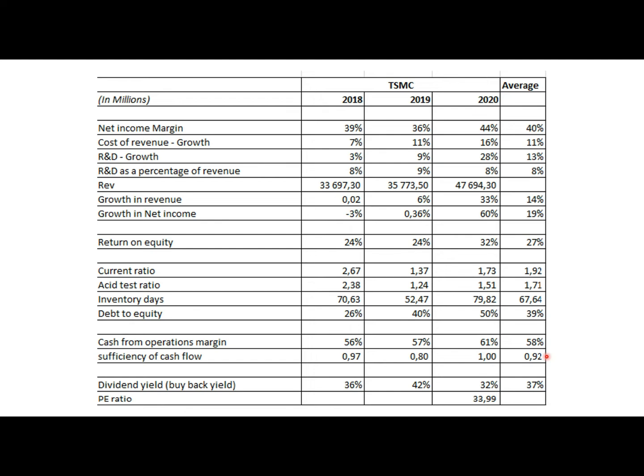Its PE is at 34. Intel's PE is just over 10, around about 11. In my view, that's a cheap PE, considering what you're getting: a company that overperforms its nearest competitor in each and every single metric. A company that is virtually a dominant, unchallenged, accidental monopoly, by the way, that accounts for 56, 57% of all chips made.